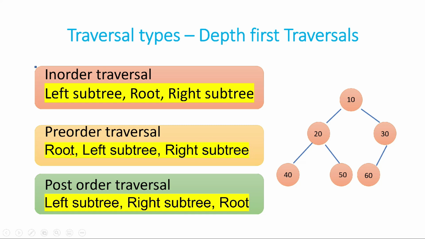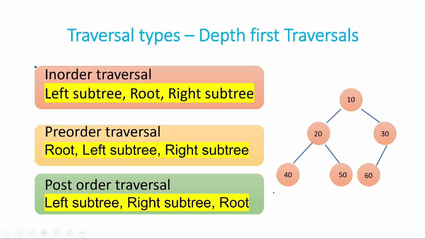In inorder traversal, you first go to your left subtree and print all the values of your left subtree, and then when you are backtracking, you come to the root again. You'll print the root and then move to the right subtree. This is inorder traversal. In postorder traversal, you first traverse your left subtree, then your right subtree, and finally the root.